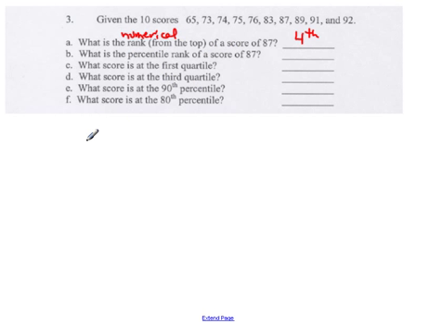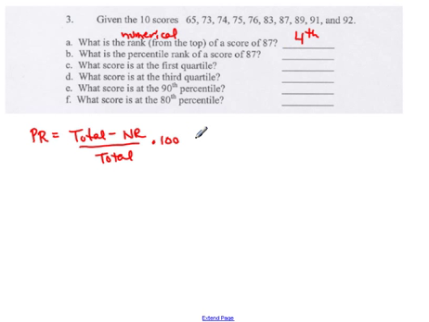What is the percentile rank of the score of 87? Well, recall that the percentile rank formula is percentile rank equals total minus numerical rank divided by total, and then you get a decimal that you multiply by 100 to convert to a percent.